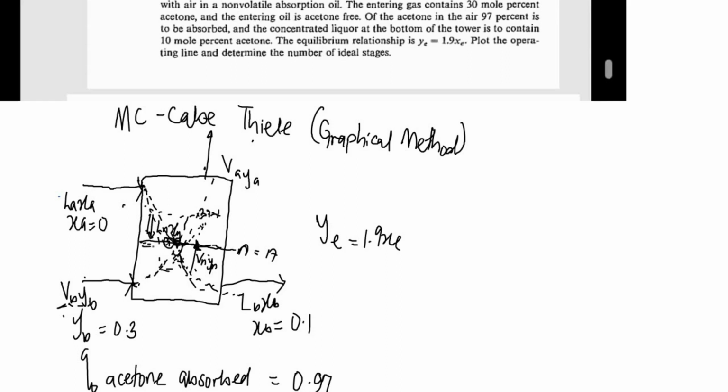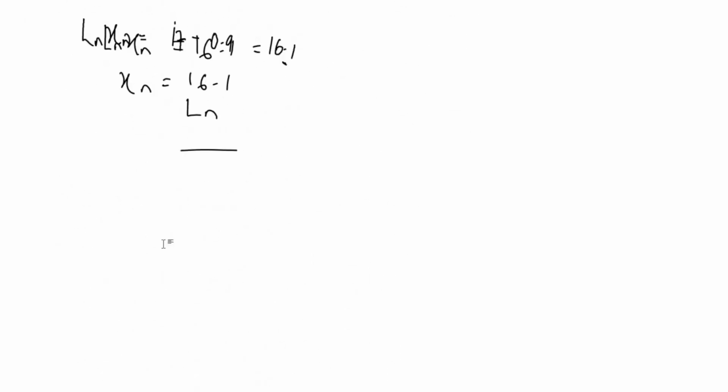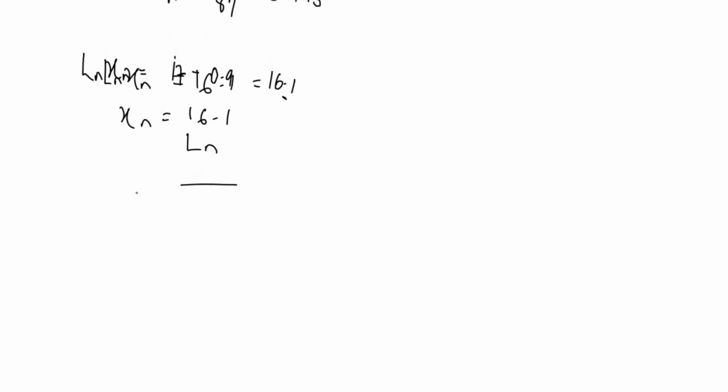So Ln here will be what comes from here and the remaining portion of acetone that reaches the plate N, that's my 16.1, right? So therefore Ln will now be equal to LA plus what reaches that plate, that 16.1.